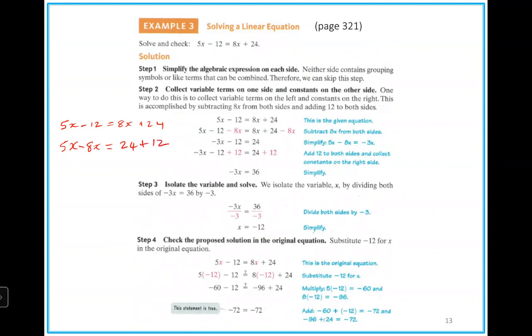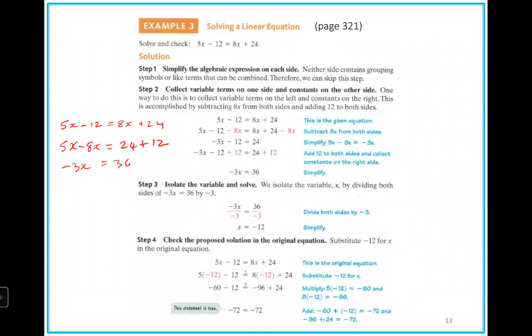So you could do that transfer straight away, bring all the variables to the left and all the constants to the right. And then 5x minus 8x gives you minus 3x equals, and then 24 plus 12 is equal to 36. And so now we want to find x.